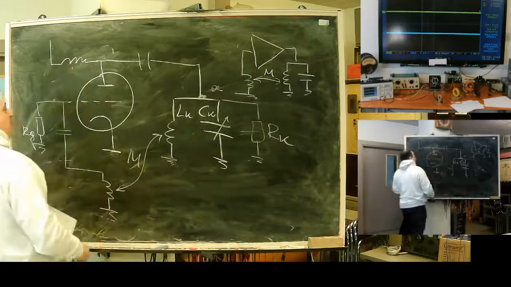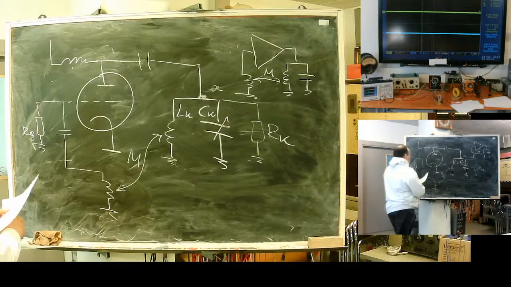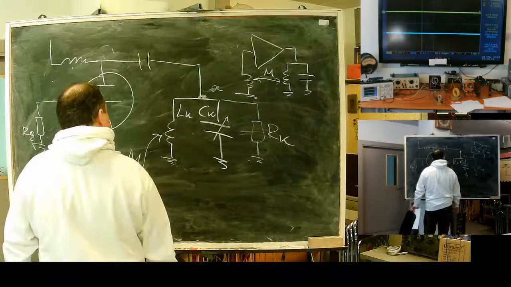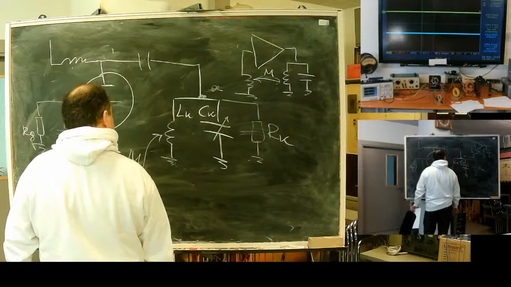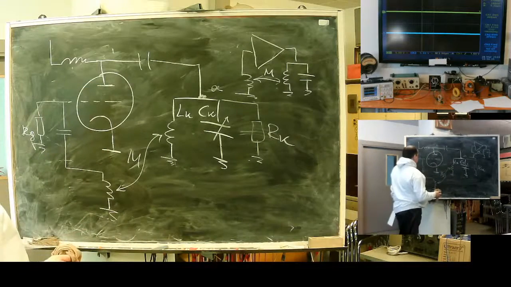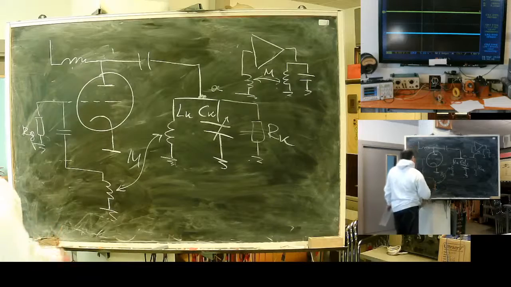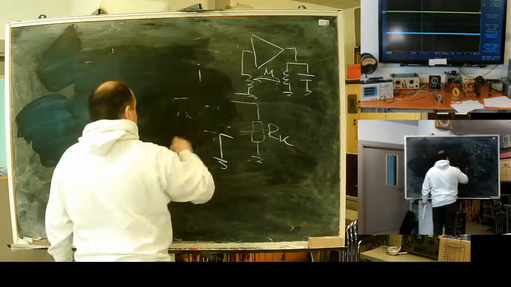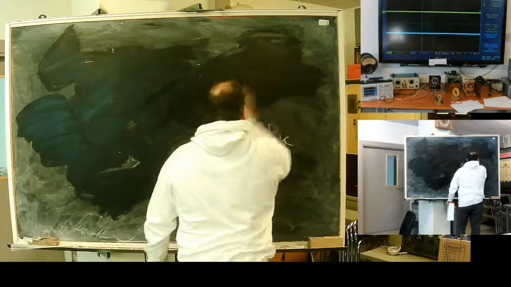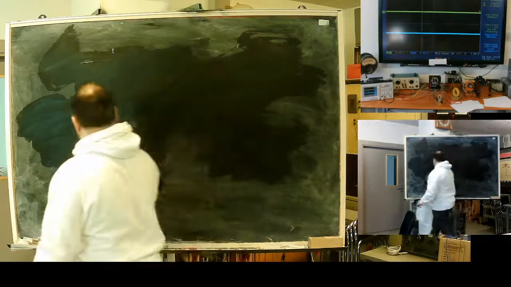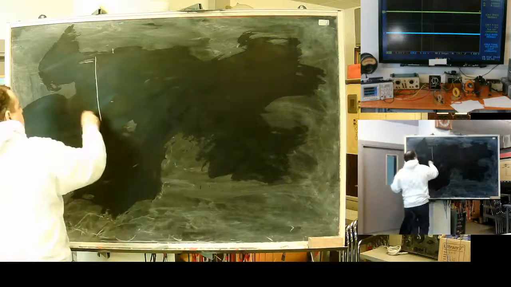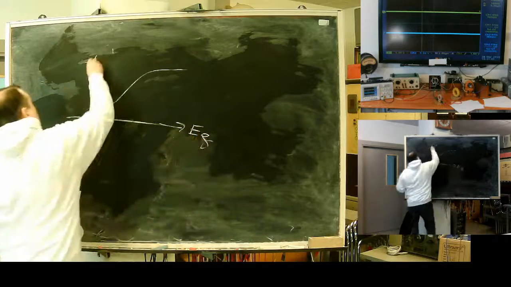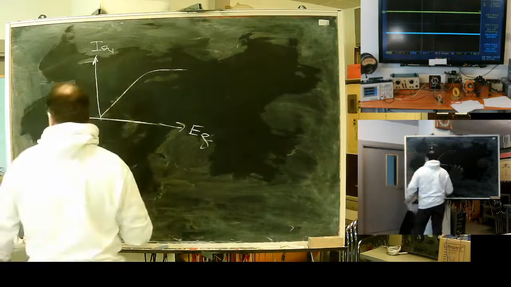Let it be A point. I'll need it. My valve has a characteristic something like this: anode current as a function of grid voltage.